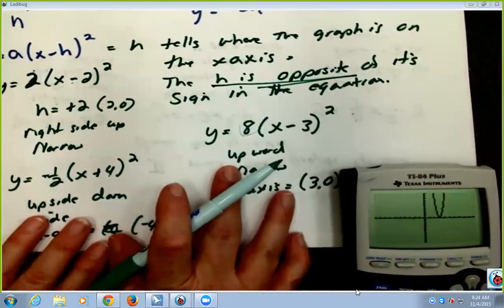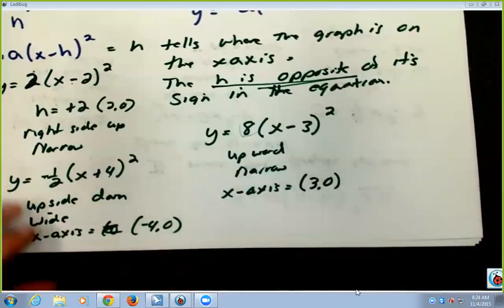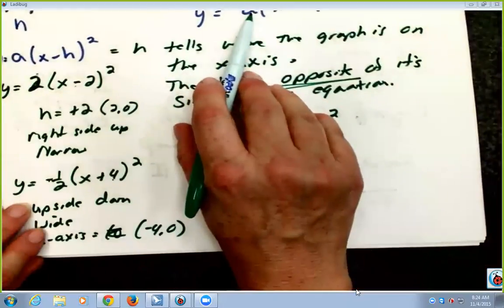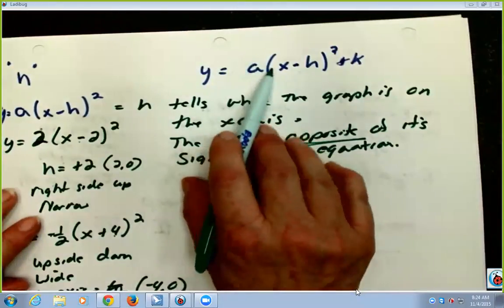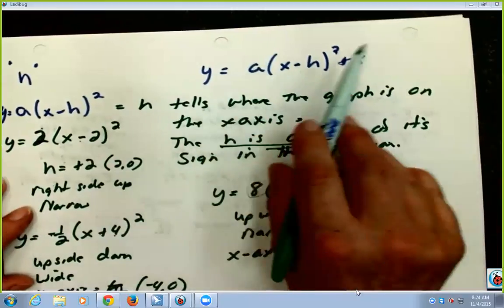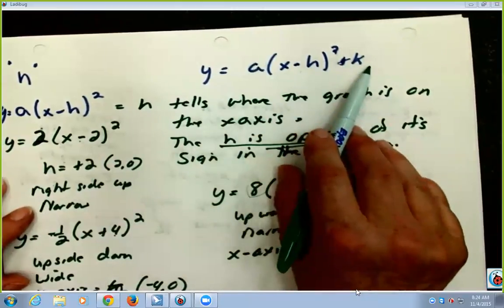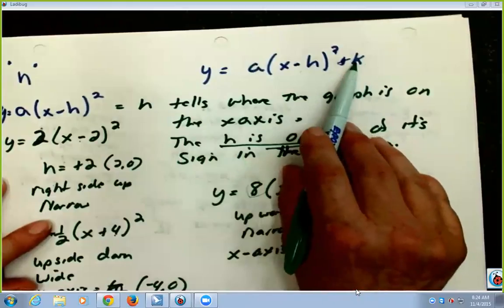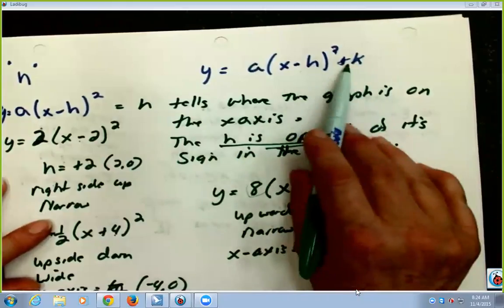So that's the pieces of H's and the pieces of A's and the pieces of K's. So we've got A is going to tell us the shape of our graph, whether it's right side up or upside down, narrow or wide. K told us where it moved on Y, and it's exactly what K states there. So where it moves is where it's going to be.